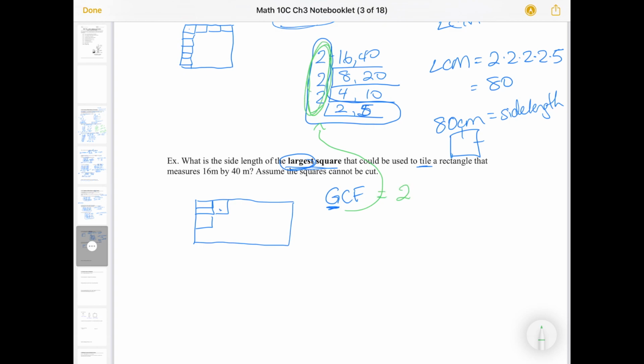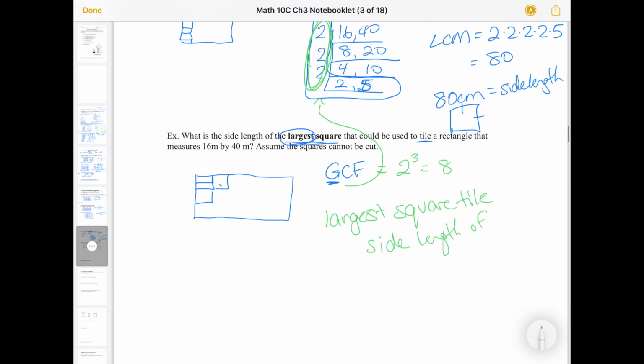So my GCF would be 2 cubed, which is 8. So the largest square tile has a side length of 8 meters. 8 meters, 8 centimeters maybe, but 8. 8 would have to be my side length for this square in order to fit in both of them.